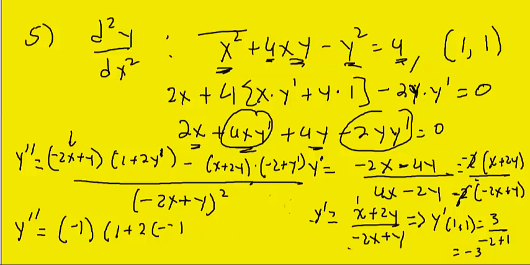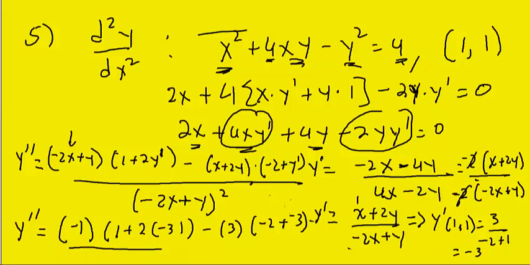So that's negative 3. Alright, minus, okay, 1 plus 2, which is 3, times negative 2 plus y prime at 1, 1, which is negative 3.